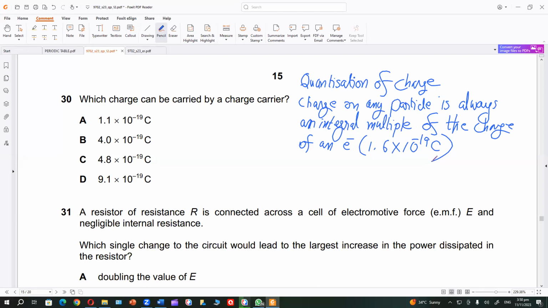Now, you have to divide every charge here by this elementary charge, and you need to see where you get the integral multiple, where you get the whole number. Divide every option by the charge of an electron.